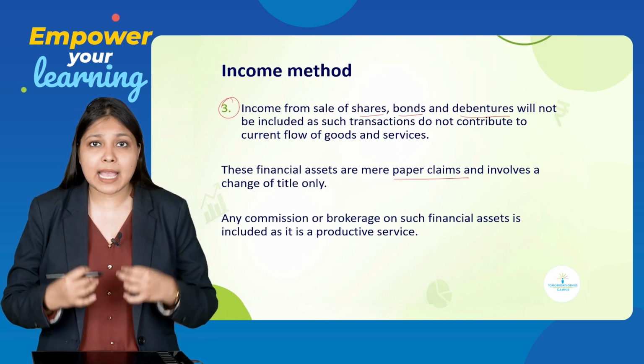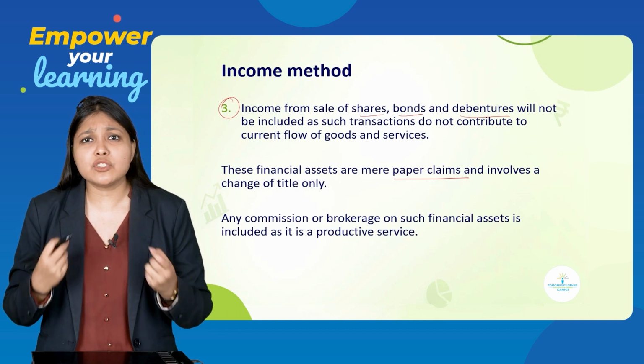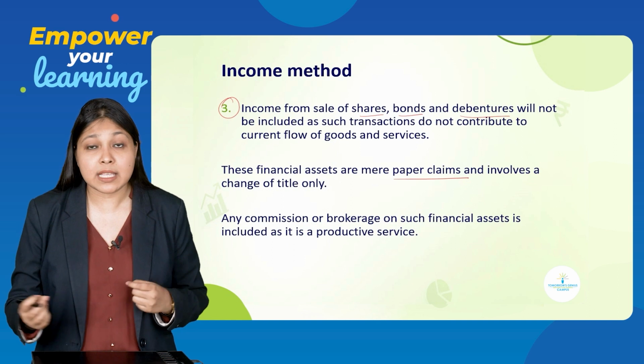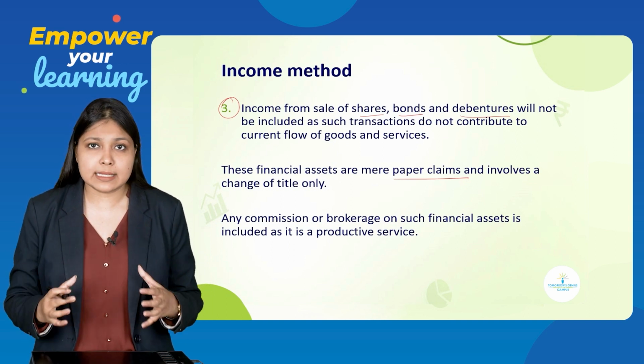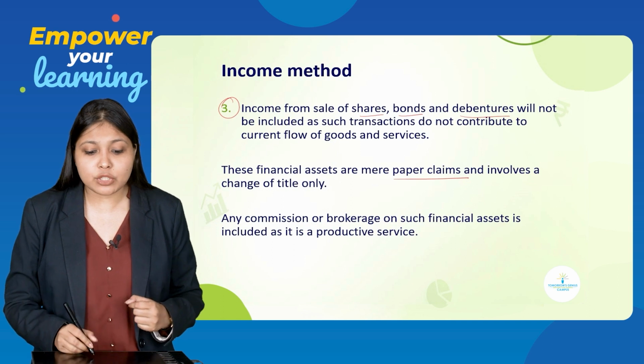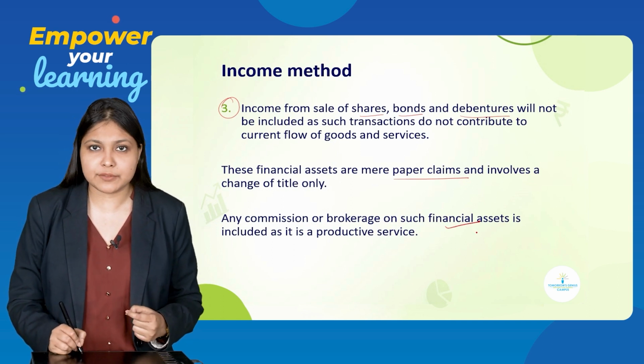For example, I am the buyer and you are the seller of shares. We will just be exchanging the documents and the papers. Here no current asset is involved. So any commission or brokerage charged on a financial asset will definitely be included in productive services.